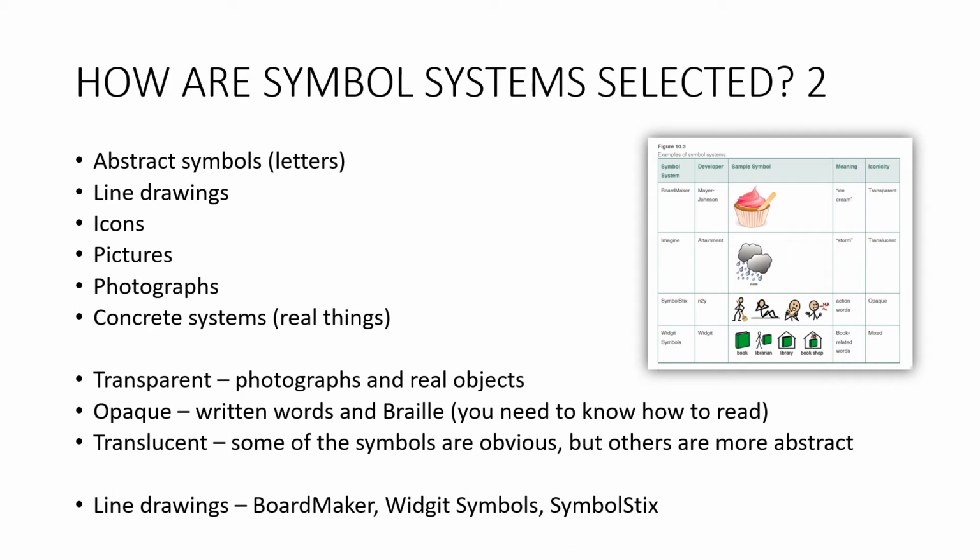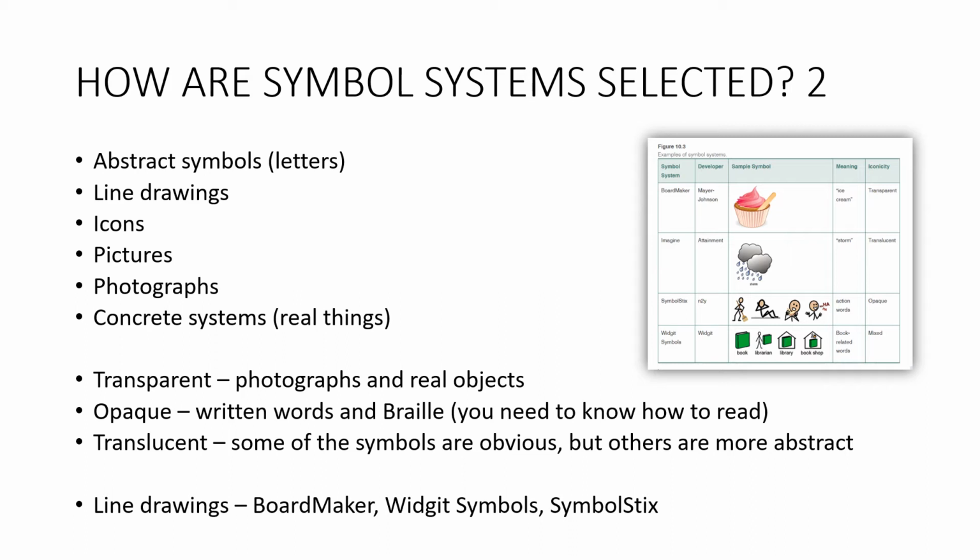There's also line drawings, icons. Icons are kind of like the standard. Pictures, there's photographs, and then concrete systems, which are the actual real things. So when you select symbols, it's probably something in between, or maybe even the letters, right, of this grouping of words. They're also transparent, which are photographs and real objects.